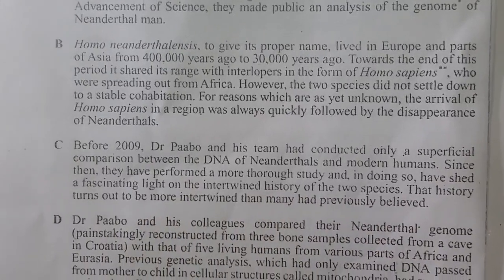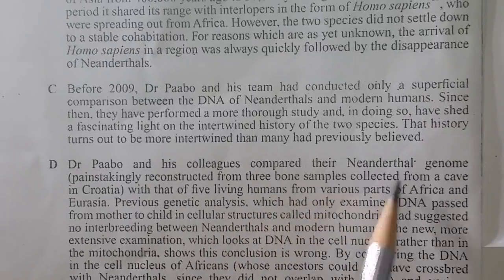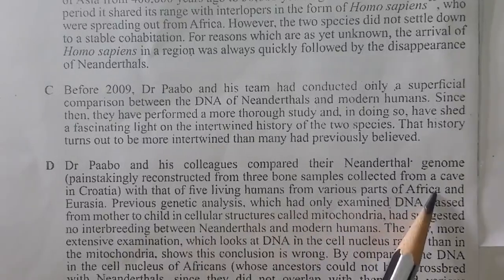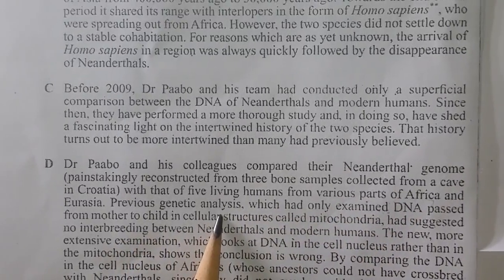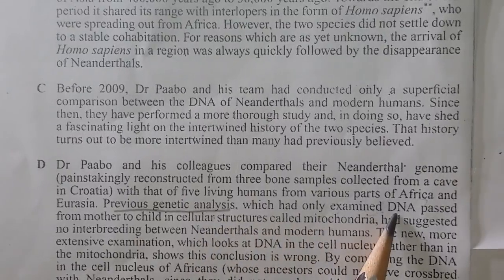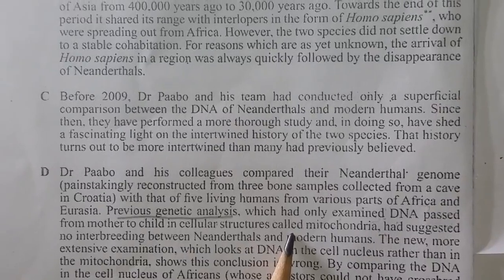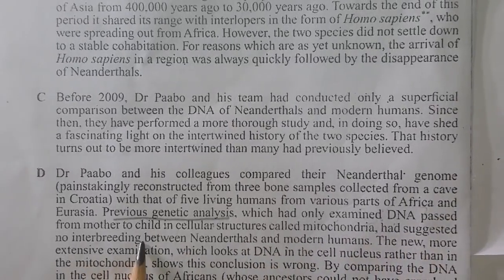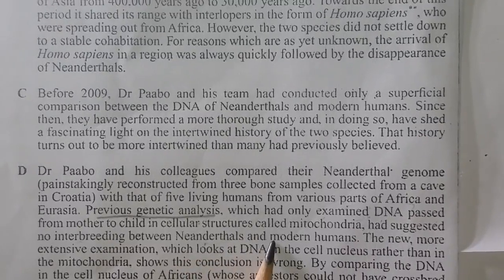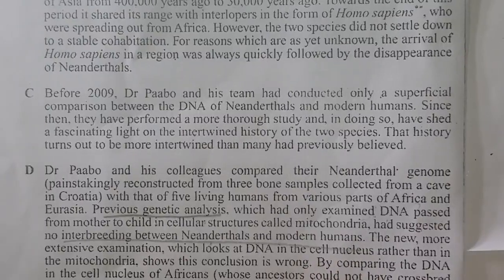Dr. and his colleagues compared the other genome from 3 years and with the various previous genetic analysis, which had only examined DNA passed from mother to child in cellular structures called mitochondria, has suggested no interbreeding between these and modern humans. There is no interbreeding between these.